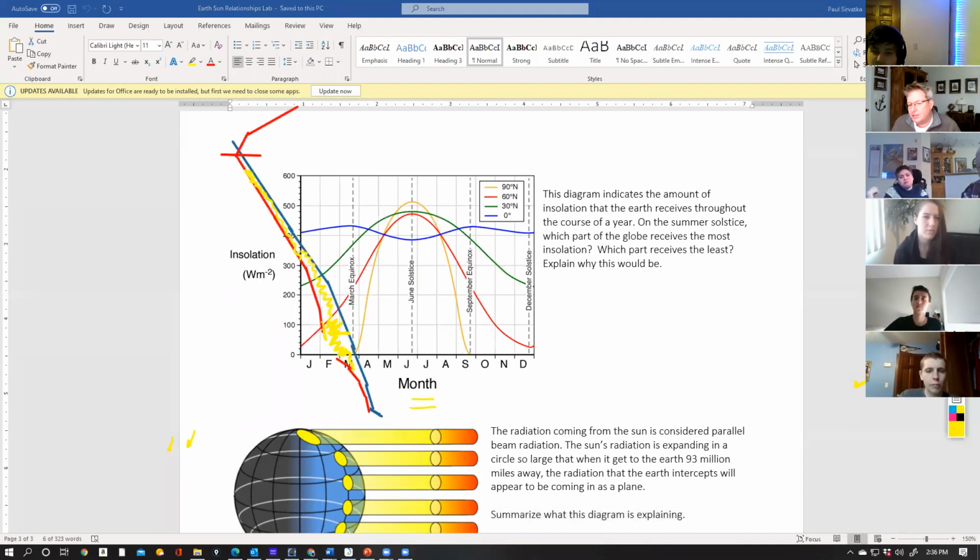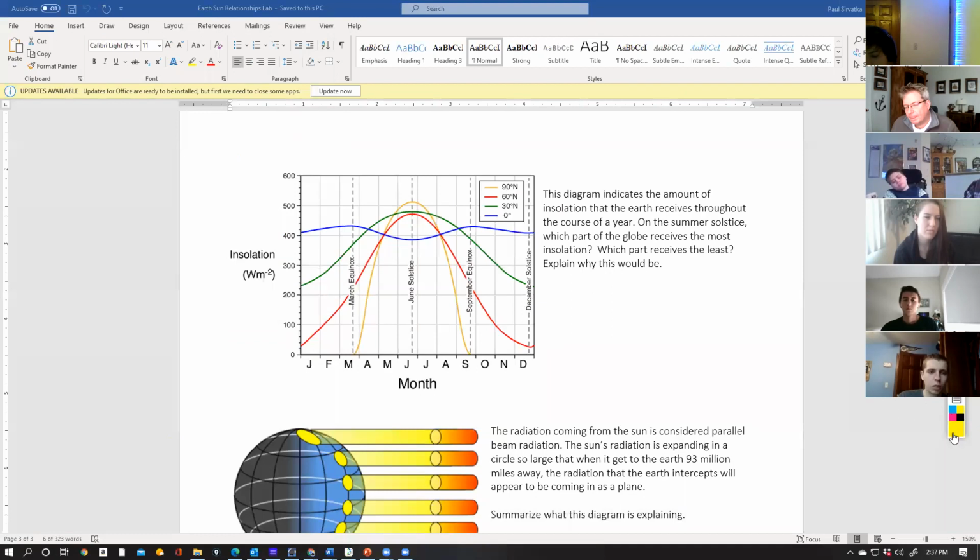What does insolation stand for? That's the incoming solar radiation. So we talked about the top of the atmosphere.